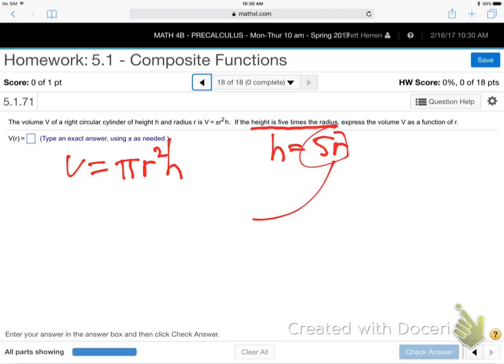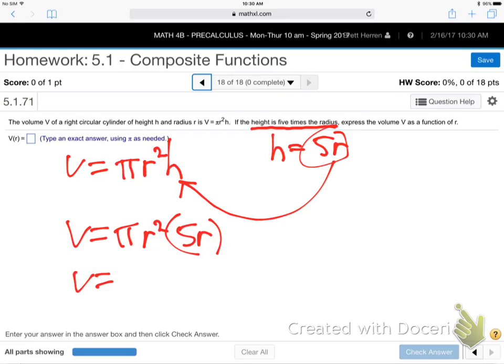So grab that, plug it in for h. What's h? 5r. So multiply that together. Pi times 5, you can put those in any order. Probably you put the 5 in the front, it's more normal. But that's fine right there. So we got volume as a function of radius. Radius is the only letter. Good with all those?